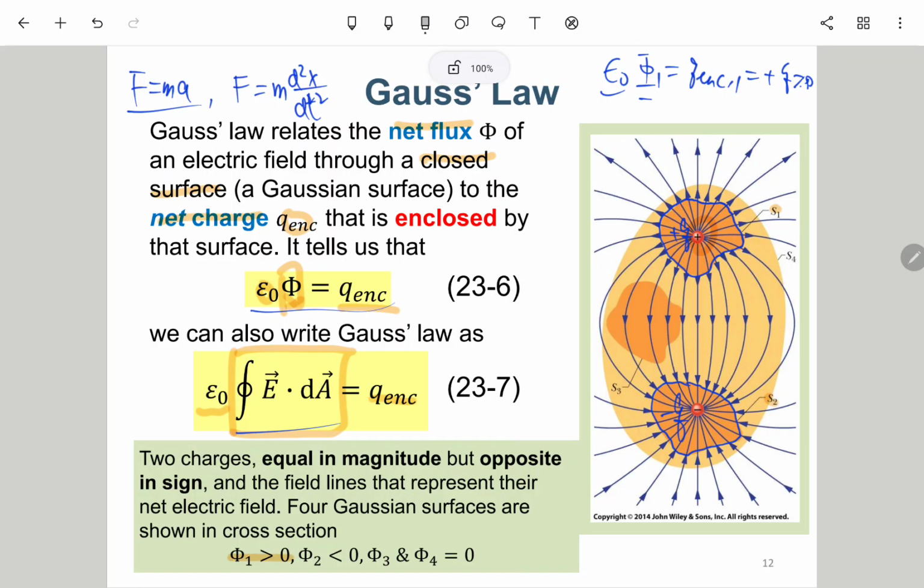So the second case is epsilon naught times phi 2 equals Q enclosed 2, which is negative Q, less than 0. So this one is less than 0, and epsilon naught is positive, so phi 2 is also negative.